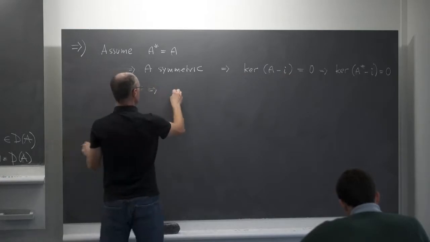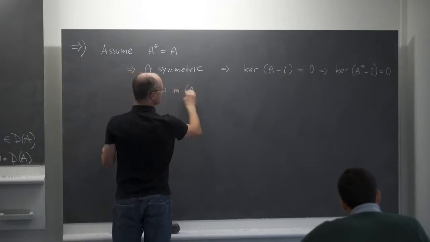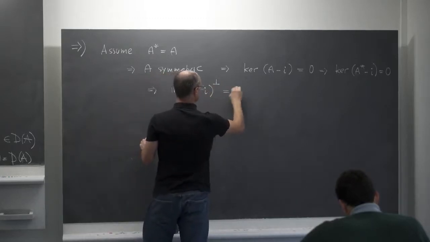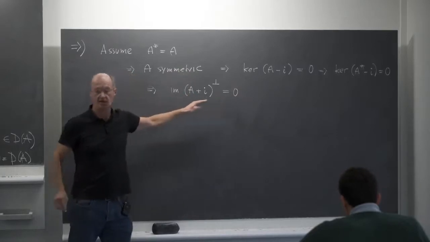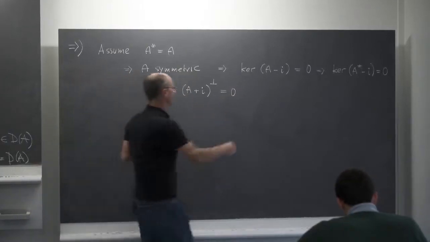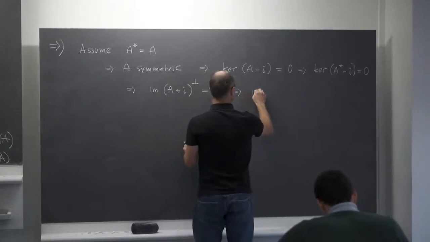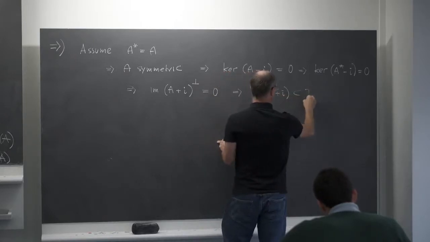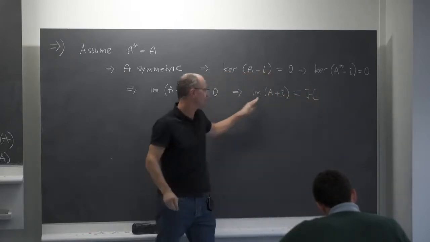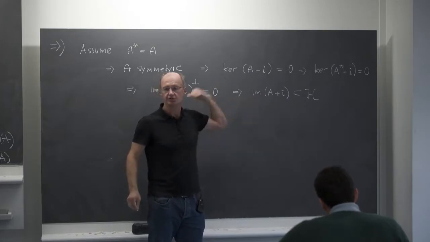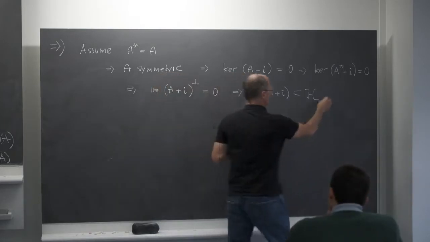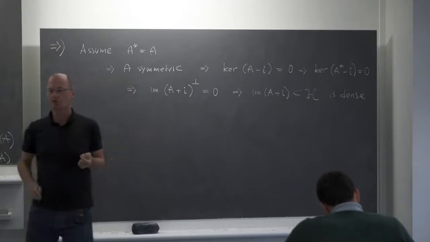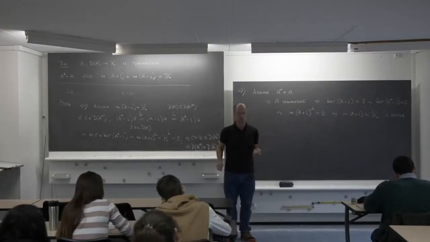And this means that the orthogonal of the image of A plus I is 0. And in turn, this says that the image of A plus I inside H doesn't need to be the whole of H, but it is dense because its orthogonal is 0. And I want to show that it is not only dense, but it is equal to H.